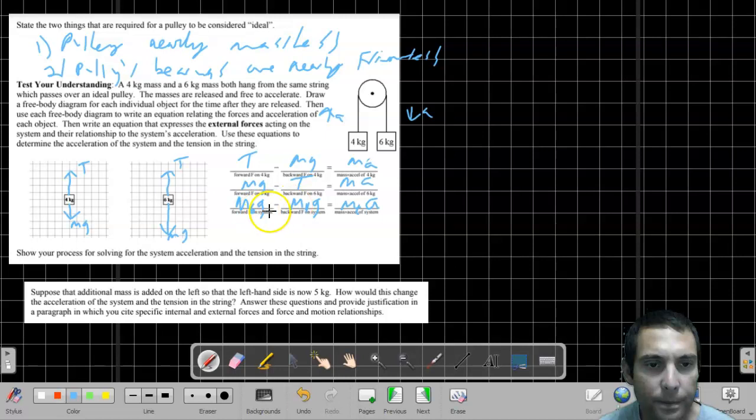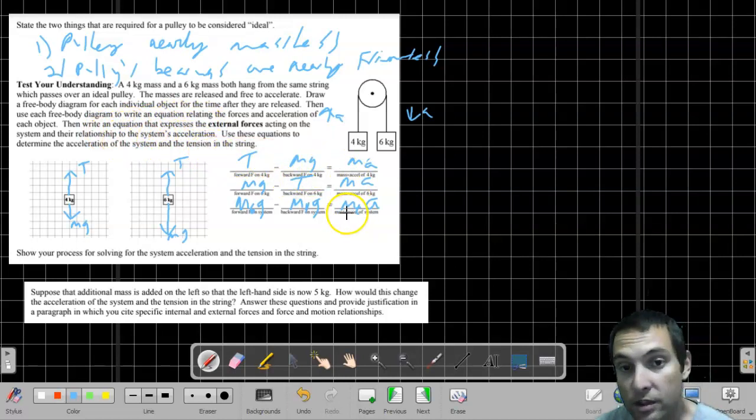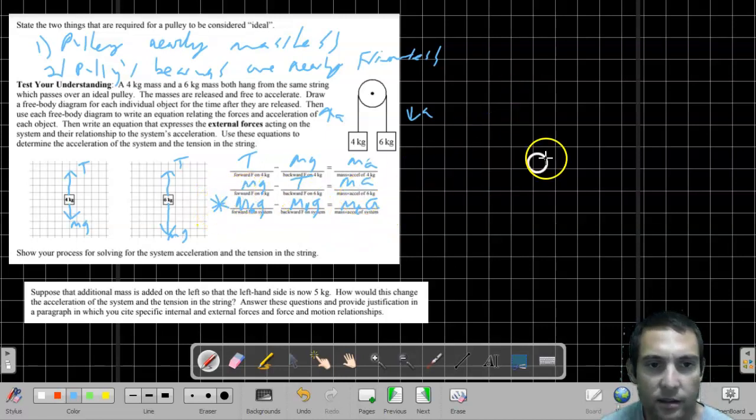Okay, so just by using this last equation, are we given the acceleration? No, so it looks like we're going to just solve this equation for acceleration.